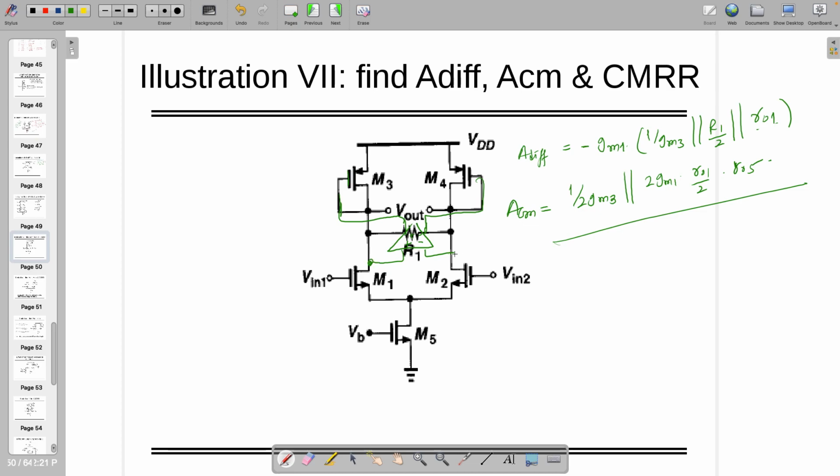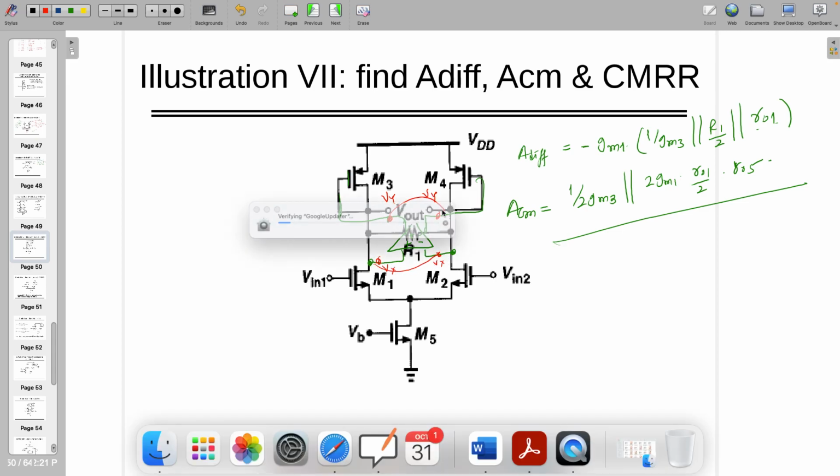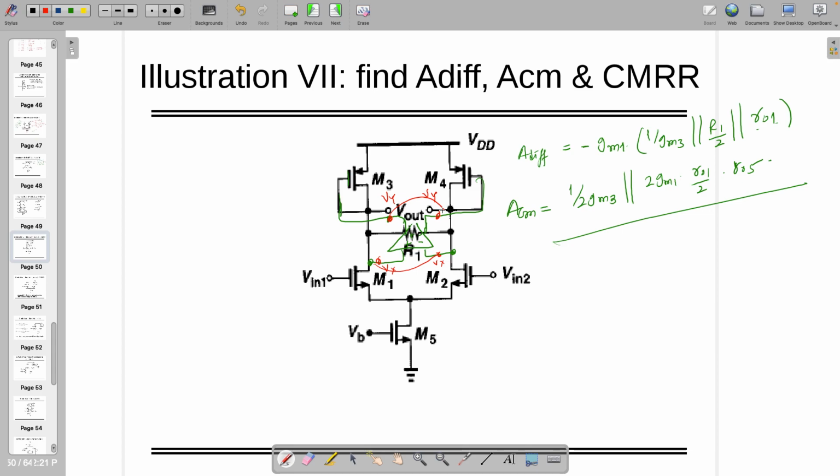Because these two are shorted, they are at the same potential. All four potentials are Vx and Vy, both the same, so it's shorted. The op-amp does not make any change in the common mode gain, right? So in this case, it will be 1 by 2GM1 plus RO5, right?